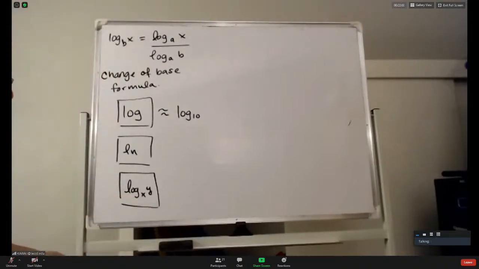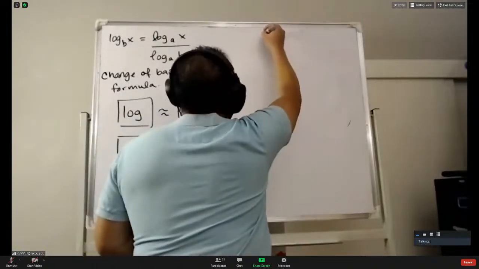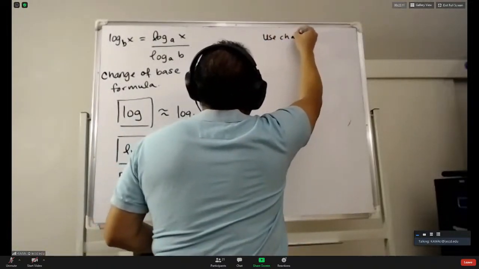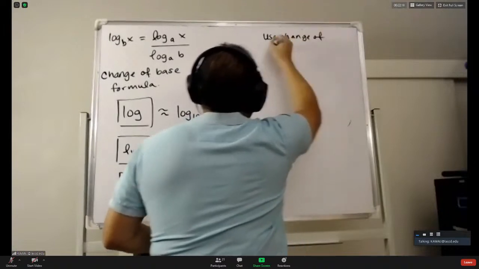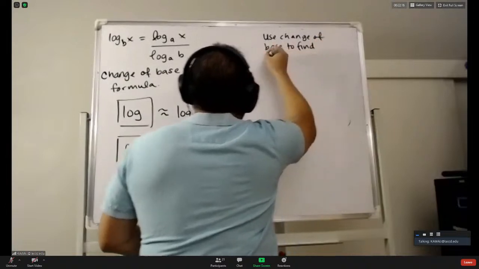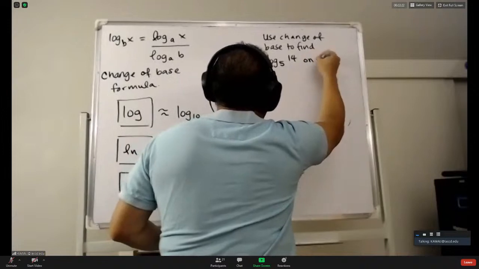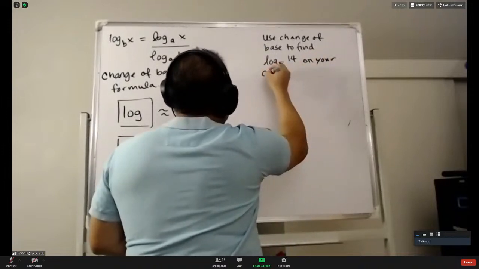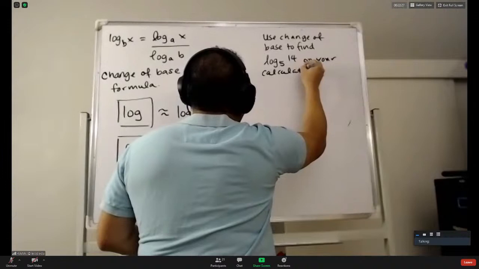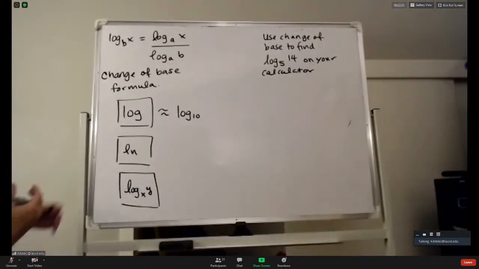Okay. Now, in the book, they'll give you something like: use change of base to find log base 5 of 14 on your calculator. So these are the first questions. And it's just a question of, can you use your calculator to find the logs?